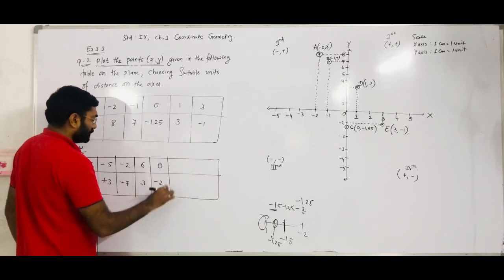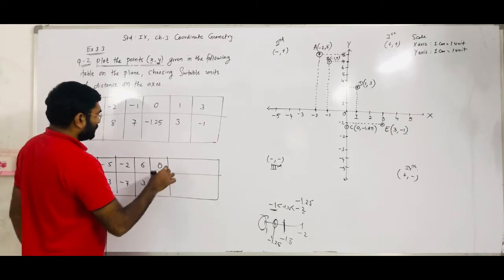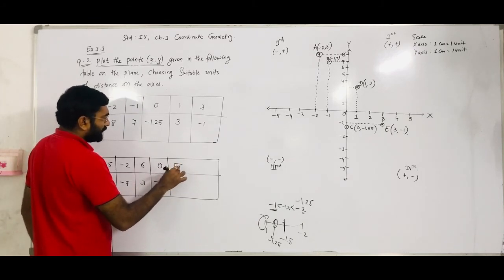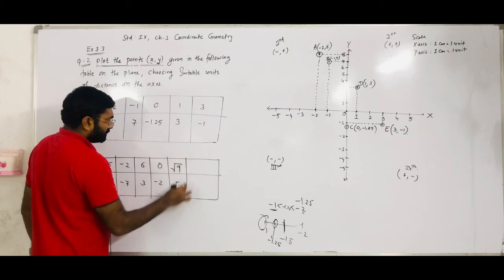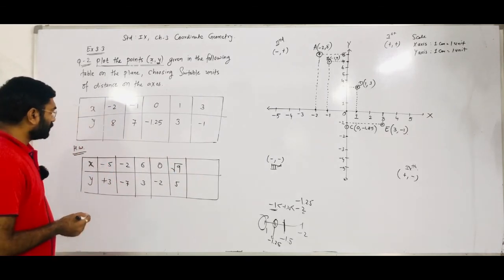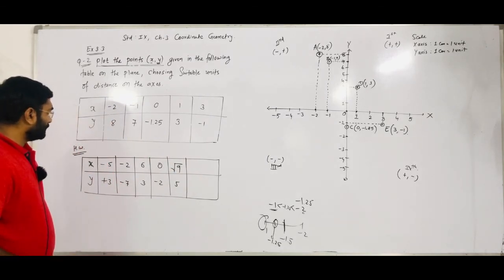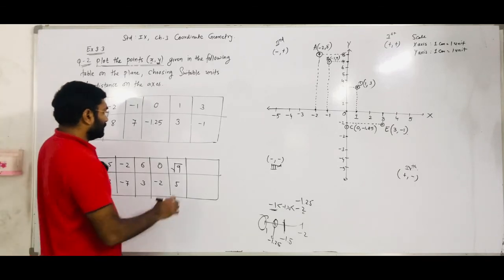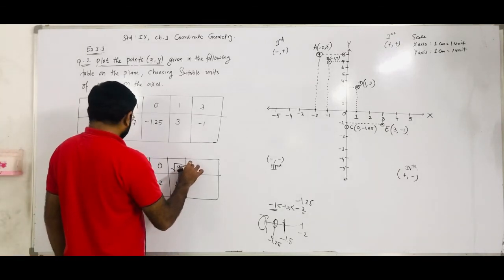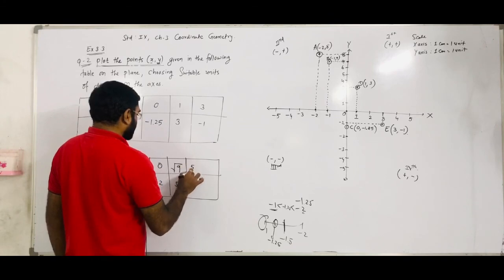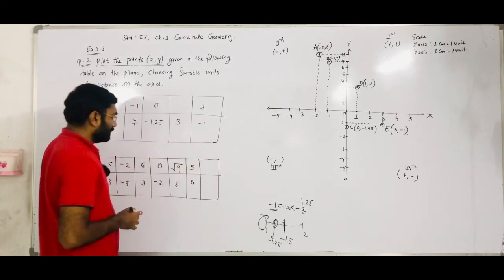Then after, suppose I give root 9, 5. Okay, that point you have to locate on a Cartesian plane. Another one is 5, 0, right?